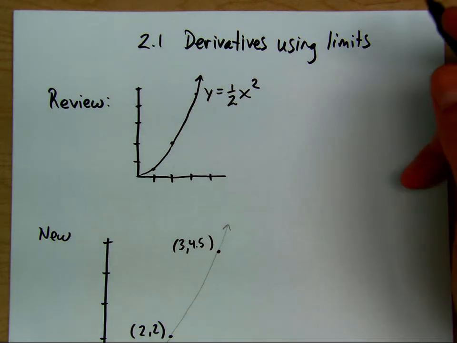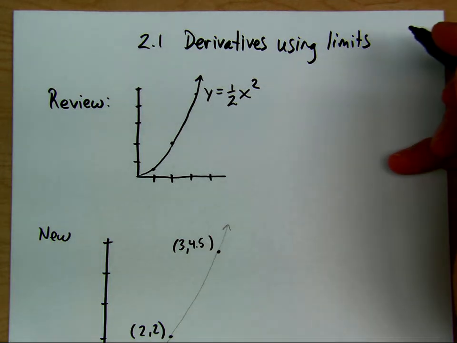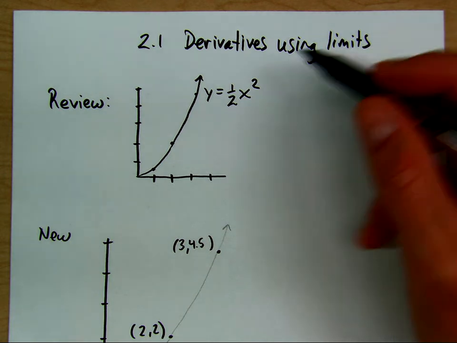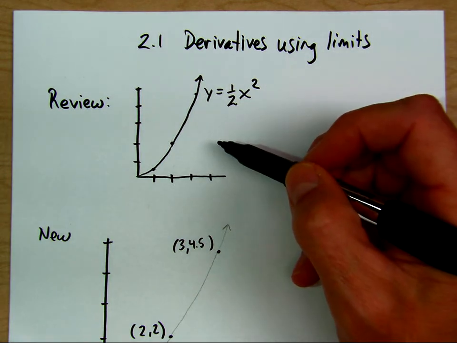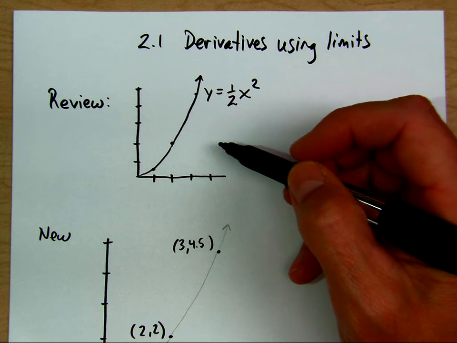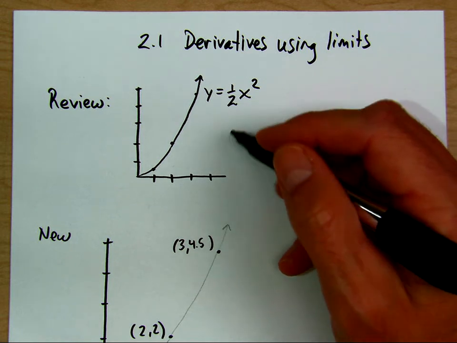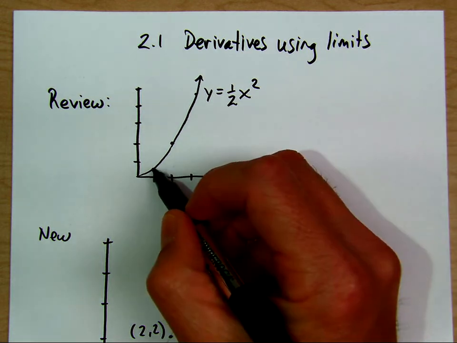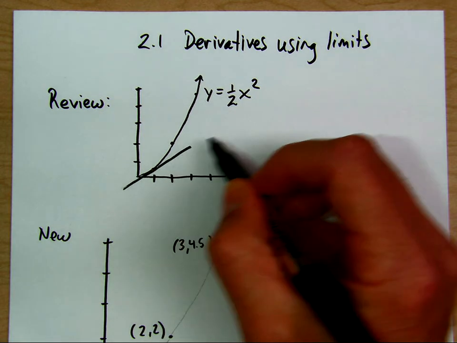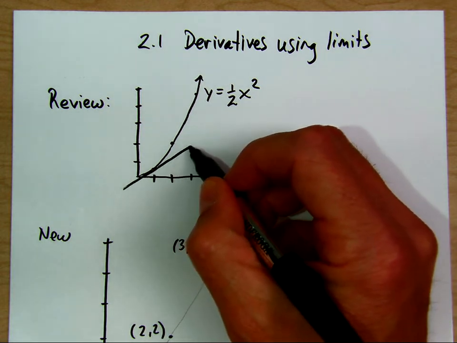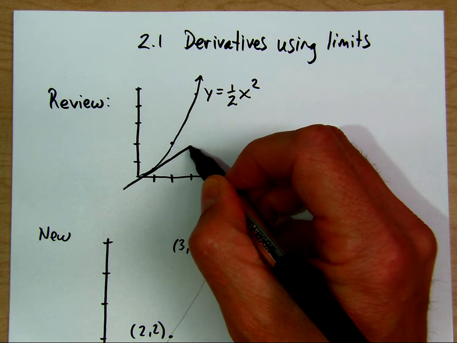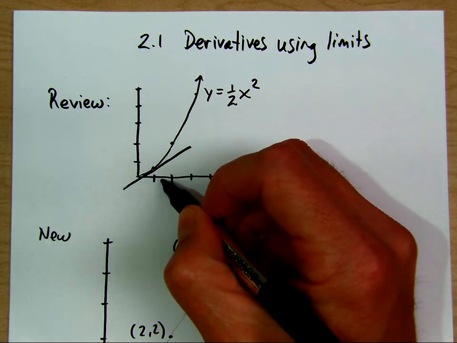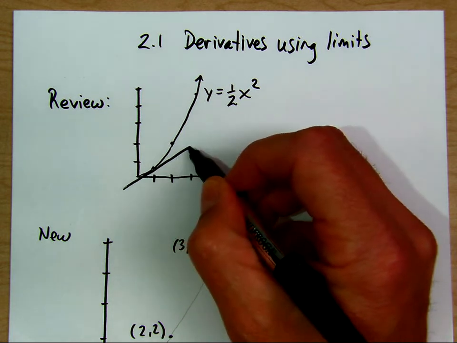Alright, in this lesson we'll look back at the slope of a tangent line. Earlier in the year when we estimated the slope of a tangent line, we would just sketch it and then try to estimate the coordinates of a point on the line. So we know this point, and we'd find another one.